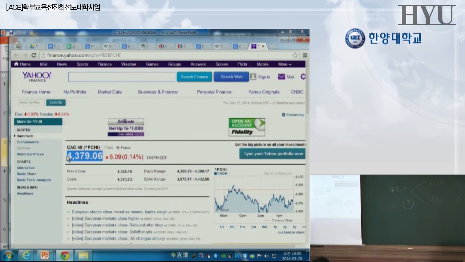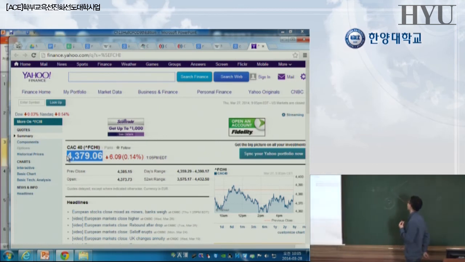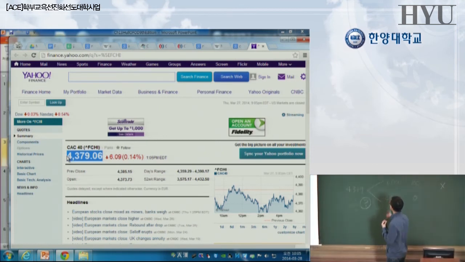If the stock price goes up, it goes up from 4,379 to 6,000. So if you invest €1 and the stock price goes up, you will make 6,000 over 4,079, right? Yeah, something like that.